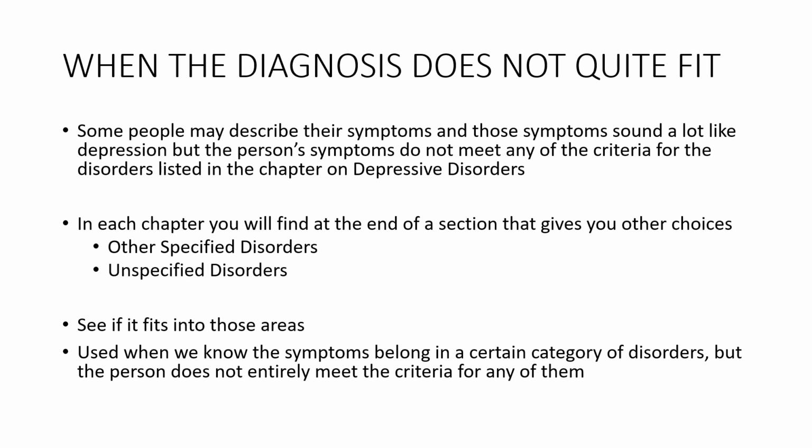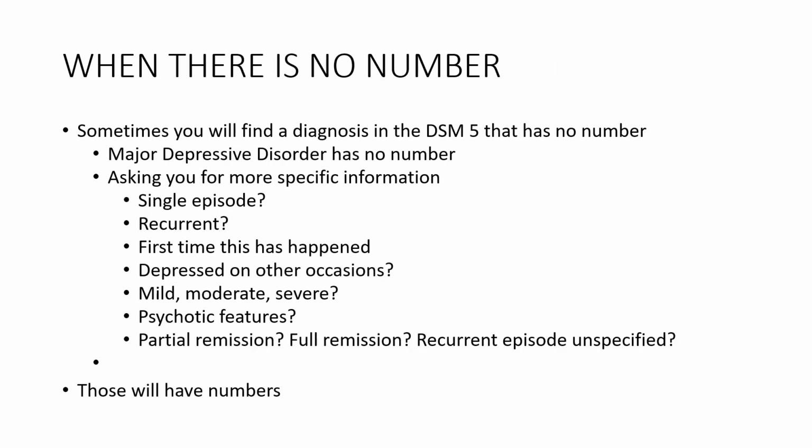See if it fits into those areas. Use when we know the symptoms belong to a certain category of disorders, but the person does not entirely meet the criteria for any of them at this time. Okay, so they might have it, but we don't really know why, or they just don't have enough of it just yet to really qualify them for a full diagnosis.